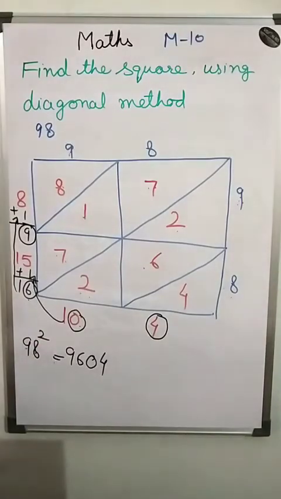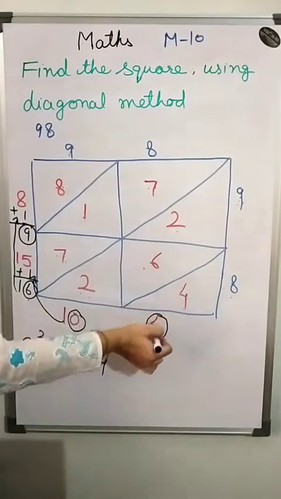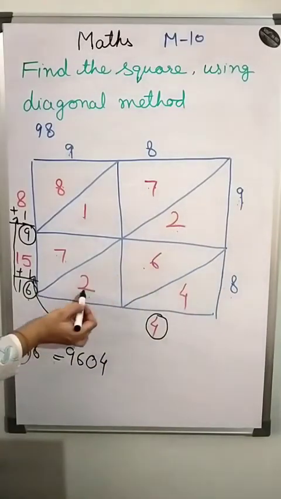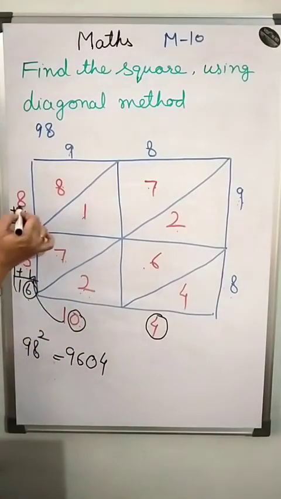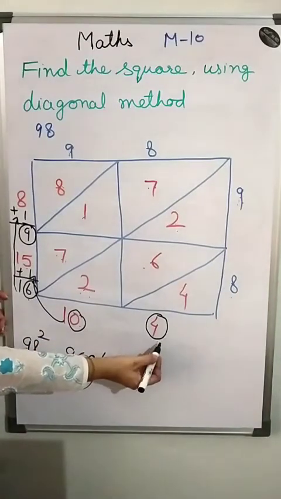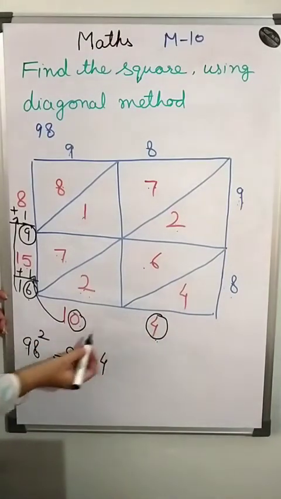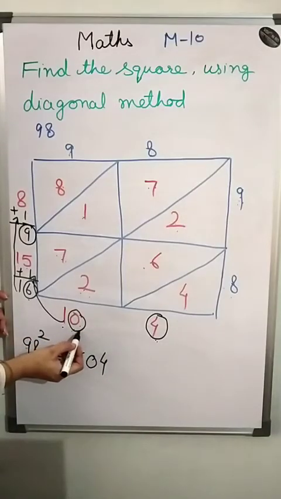I explain again. Add all the diagonals. 4, and here 2, 6, 4 added. 7, 1, 7 added. 15 and it is 8. Now what next? Here it is only one digit number, so there is no need. Mark it in a circle. And it is a 2 digit number. So what we do?